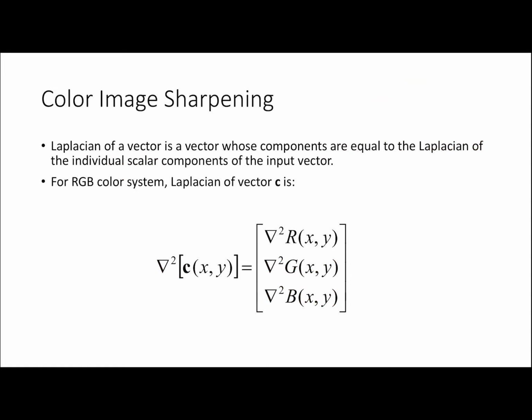Now as we have done the smoothing operation, in the same manner we can also go for the sharpening operation. We have discussed in connection with grayscale images that an image can be sharpened by using a second order derivative like the Laplacian operator. Here again, if I apply the Laplacian operator on all three planes, the R, G and B planes separately, and then combine those results, what I will get is a sharpened image.